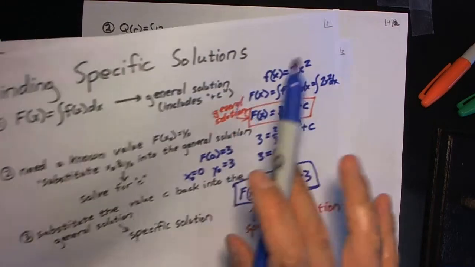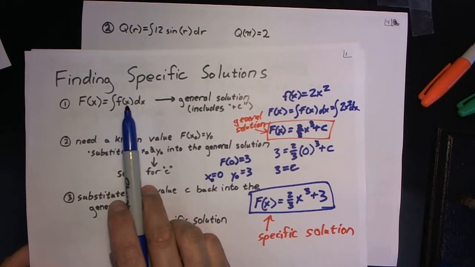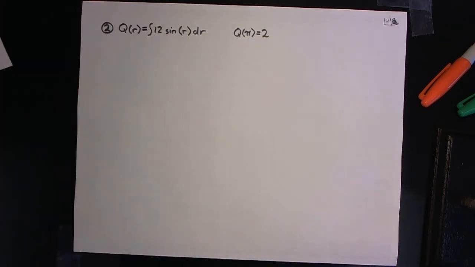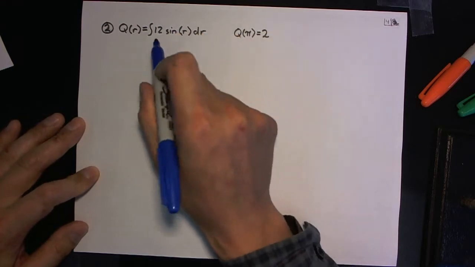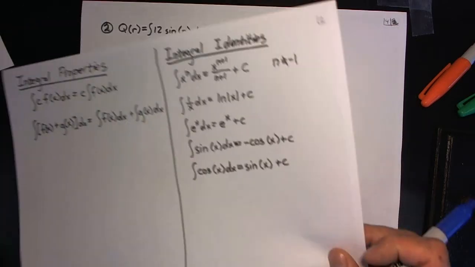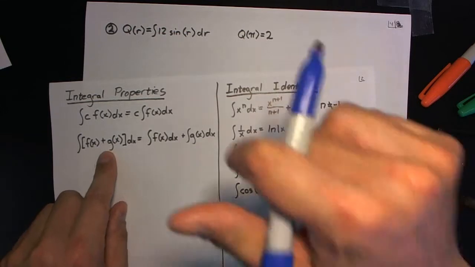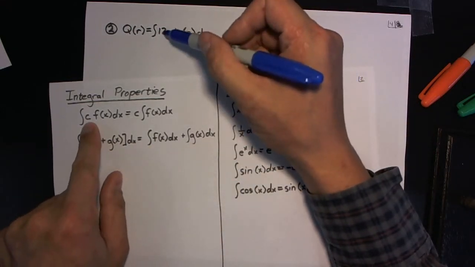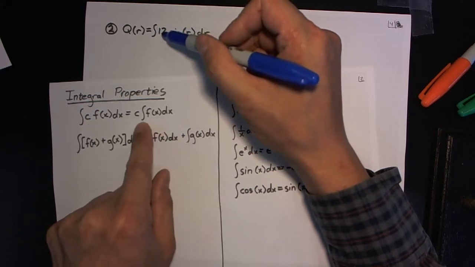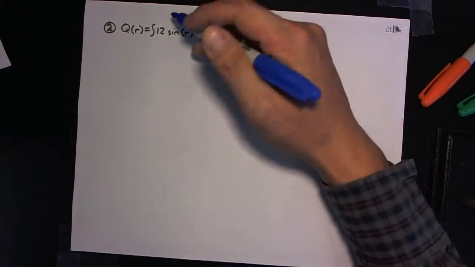Step 1 is to find the general solution, just like we did in the last class. So, in order to do that, we don't have anything added together, so we don't use this property, and then we do have a constant here, so we can take the constant and move it outside of the integral.